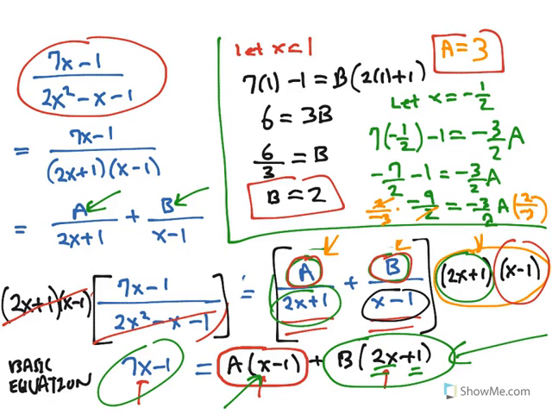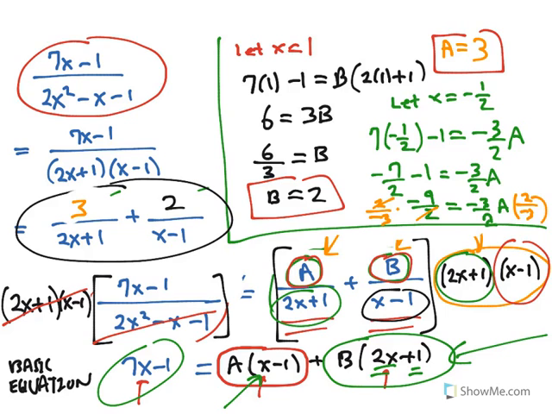So now that we have found the values of A and B, what that means is you can come back to this step here, and you can replace A with 3, and you can replace B with 2. And what that means is you're able to rewrite the integrand from our problem as a sum of two partial fractions.